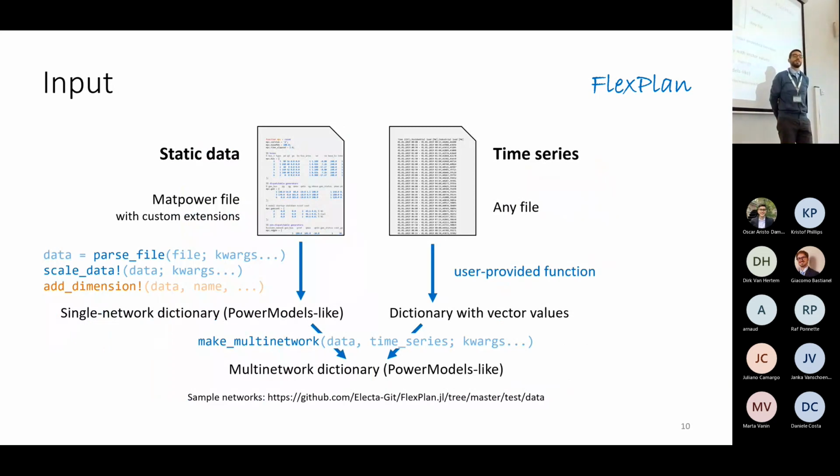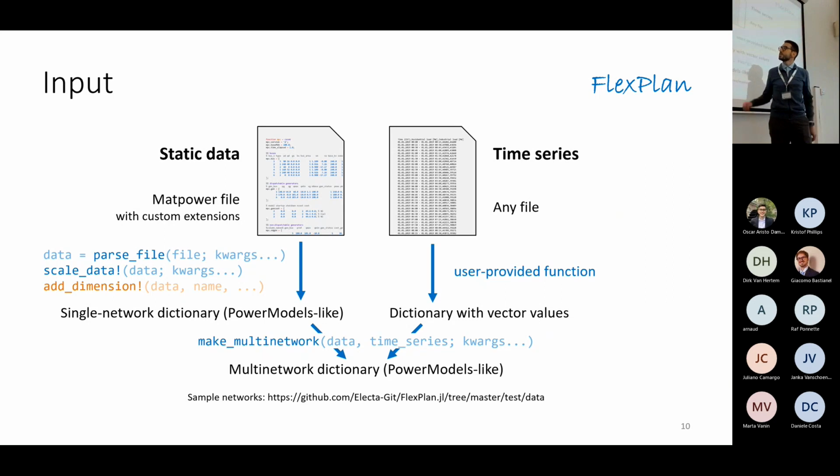The tool is currently lacking the capability of importing data from different formats, and the MatPower format is the only supported format for the static data. We have added a custom extension in order to consider AC/DC grids and flexible loads.